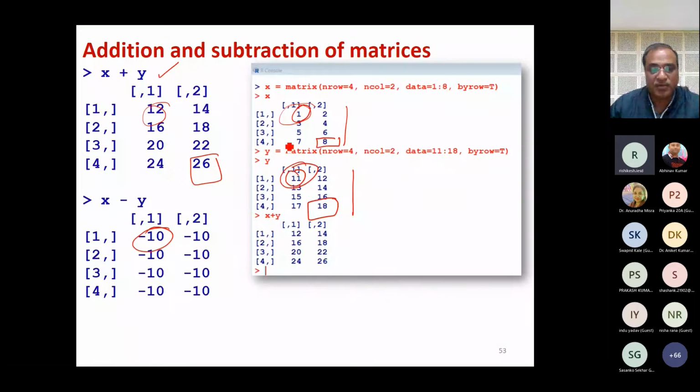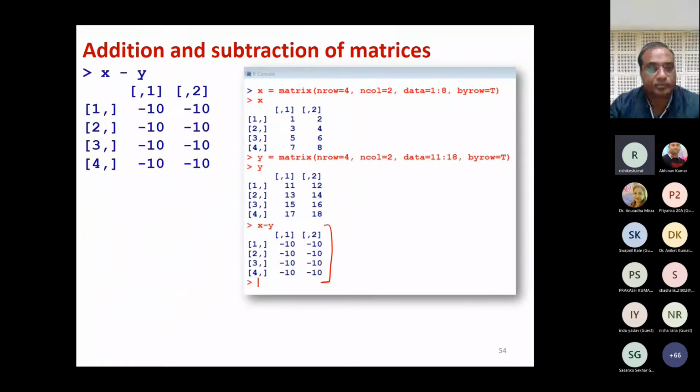And similarly, take the element on the fourth row, first column, 7, and the fourth row, first column in the second data vector, 17: 7 minus 17 is minus 10, and so on. So you can see that addition and subtraction are not difficult, and you can do them without any problem. Okay, right. This is the same slide actually.